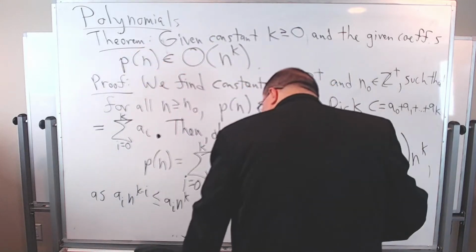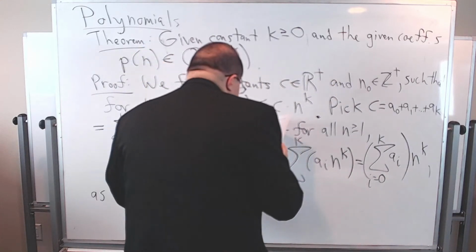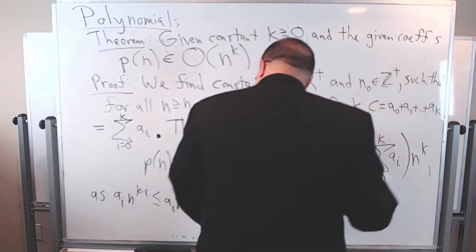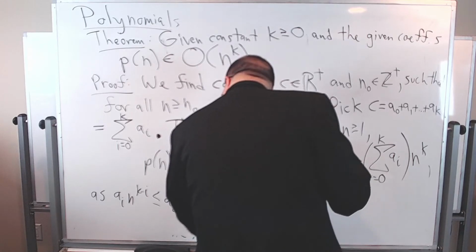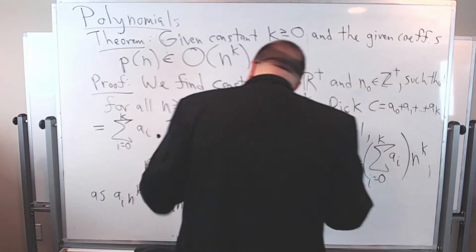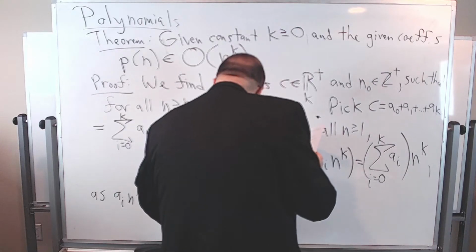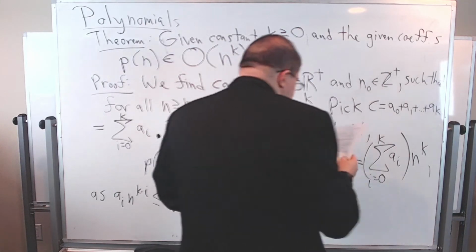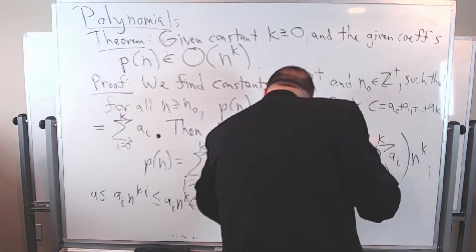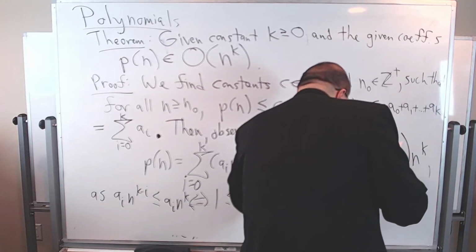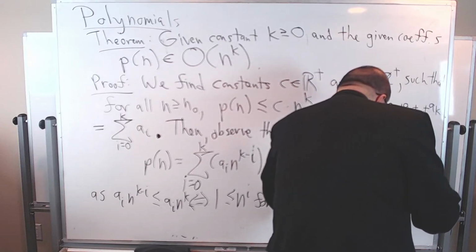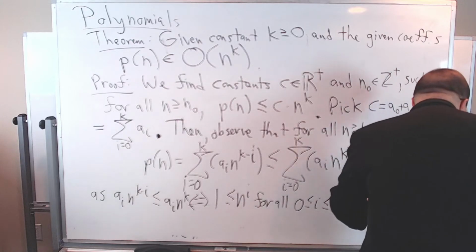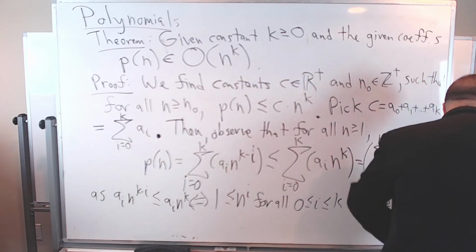So I'm just going to rearrange here and divide both sides by a_i n to the k minus i, and I should end up with 1 is less than or equal to n to the i. I'll let you check that, for all 0 less than or equal to i less than or equal to k, and n greater than or equal to 1.